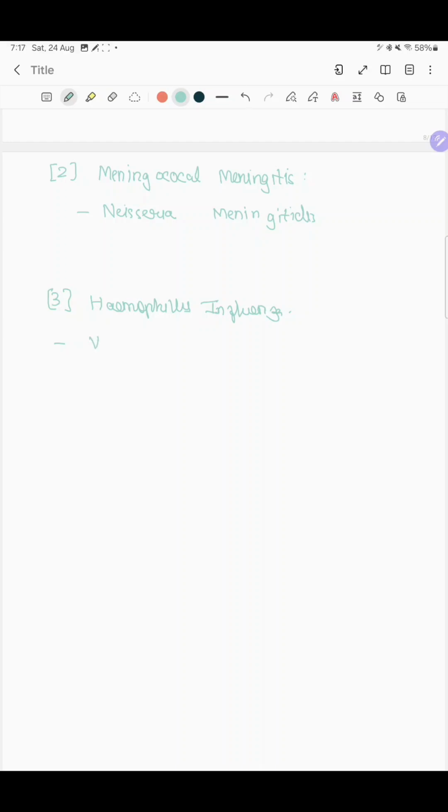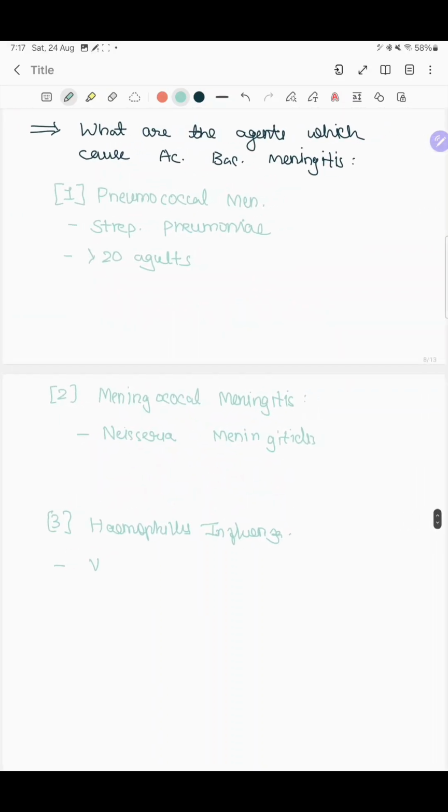Nowadays this H. influenzae meningitis is not seen or is decreased due to the effective vaccination. So there are mainly three organisms: pneumococcal meningitis, meningococcal meningitis, or Haemophilus influenzae.